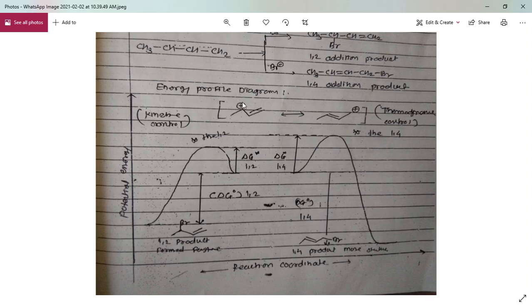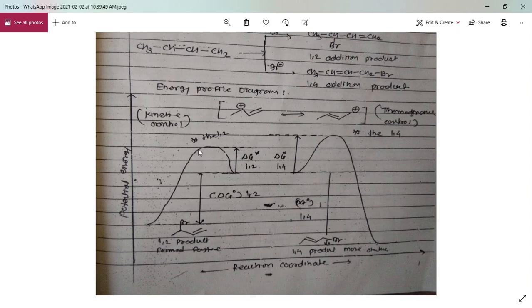This is your intermediate, this is your secondary allylic carbocation, and this is your primary allylic carbocation. This is the reaction coordinate diagram for the kinetically controlled product. Consider this is your intermediate.